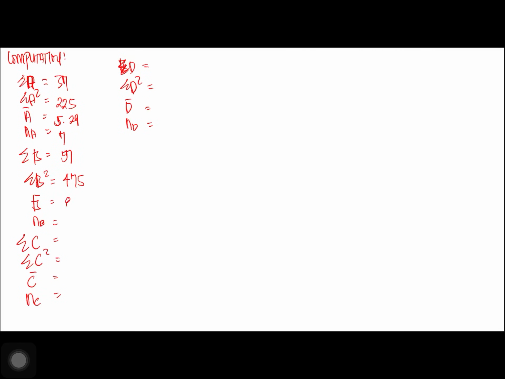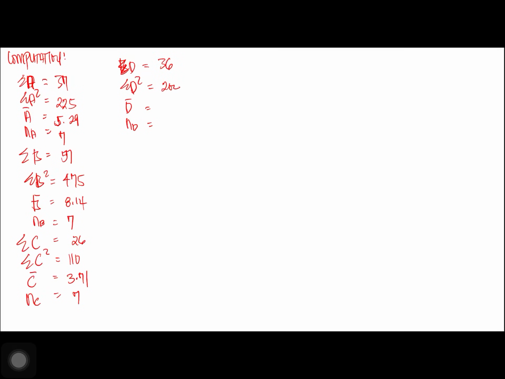Summation of B squared, 475. B bar, we have 8.14. And NB is 7. For the summation of C, we have 26. Summation of C squared, we have 110. For C bar, or the mean of the values for group C, we have 3.71 and NC is 7.